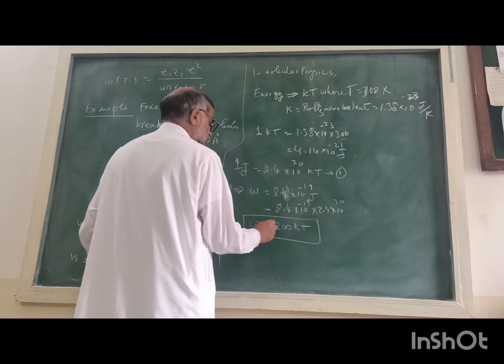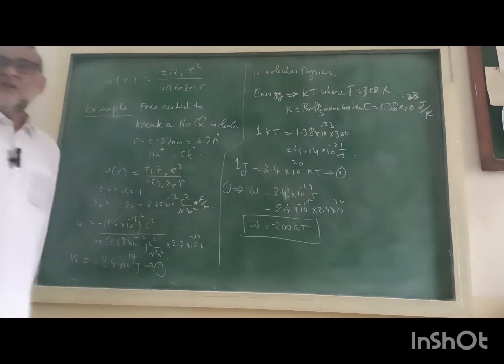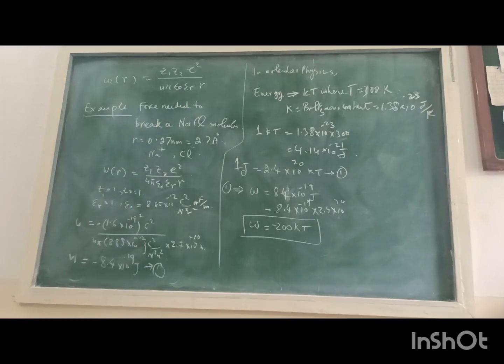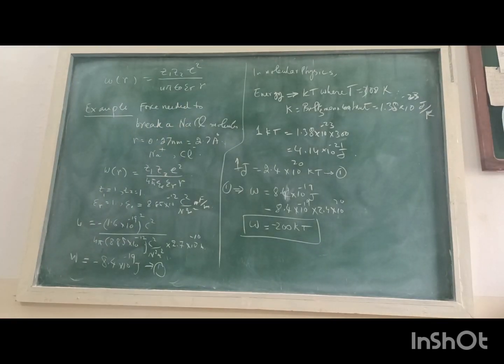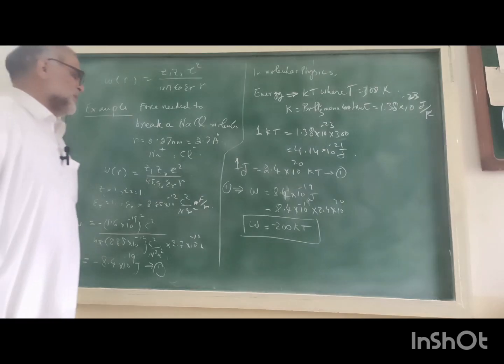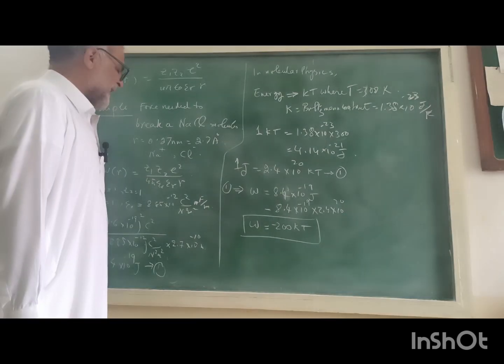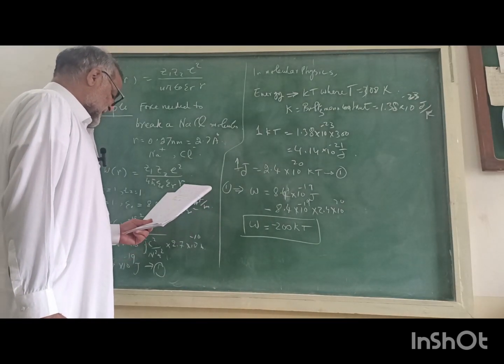So this much energy is required. 200 kT is required to break the sodium chloride bonding.